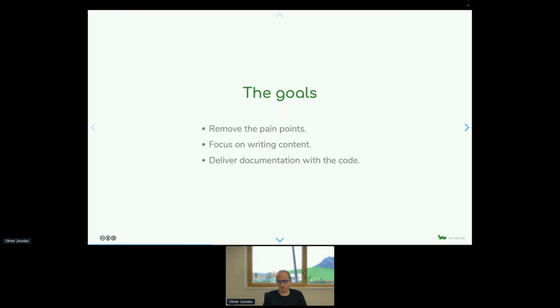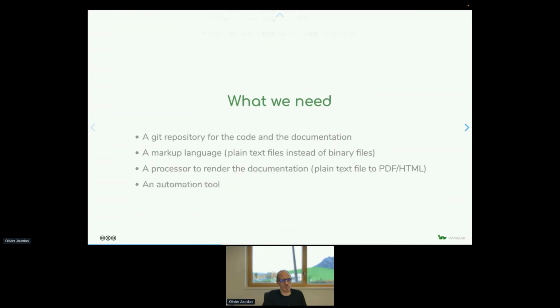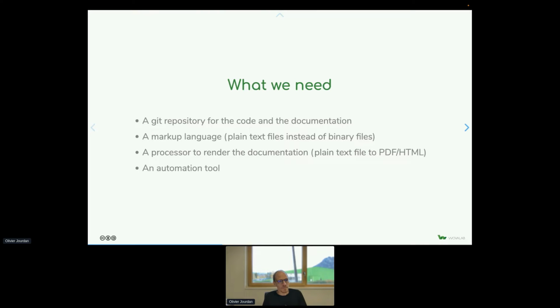So what do we need to implement the docs as code approach? We need a Git repository for the code and documentation. We need a markup language because, as LabVIEW developers, we know that binary files are not really easy to handle with Git. A markup language is a plain text file, so it's just text.